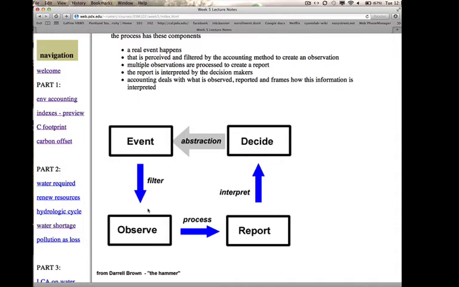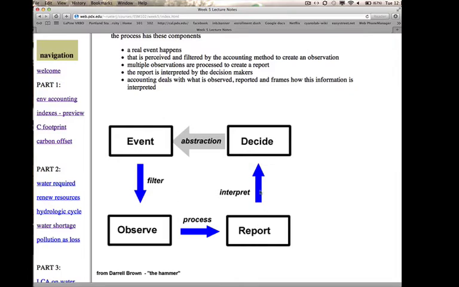So, for example, when I'm studying lakes, most of the information I get in understanding a lake comes through data loggers. So for me, the actual event that happens in the lake shows up in temperature or dissolved oxygen. Then we're going to observe that. When we make that observation, we're going to make a report. We're going to process that data, turn it into information in some sort of context.